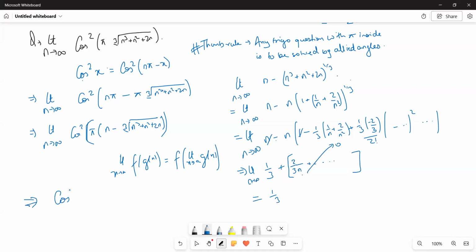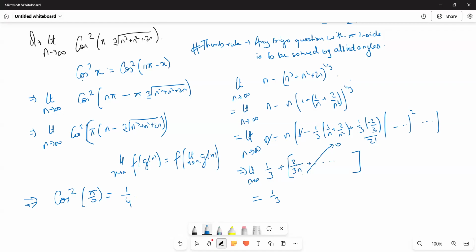So this becomes cos square of pi by 3. What is the value of cos square pi by 3? 1 by 4. That will be the final answer of the question.